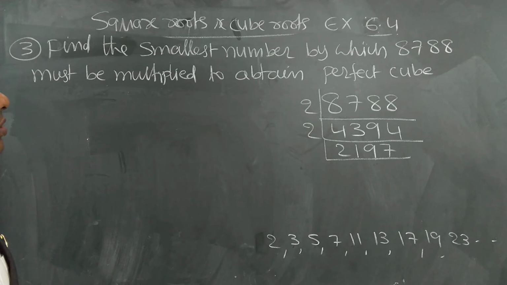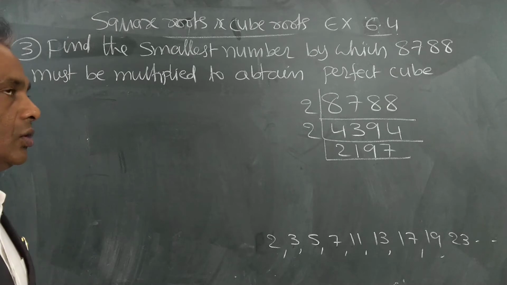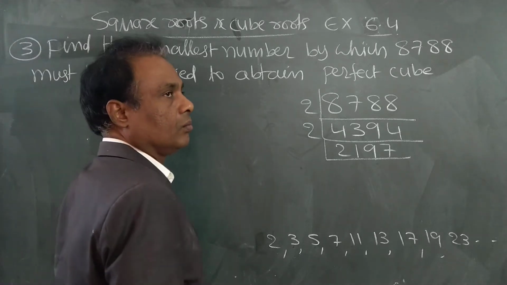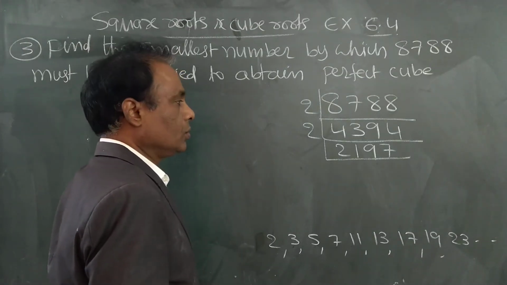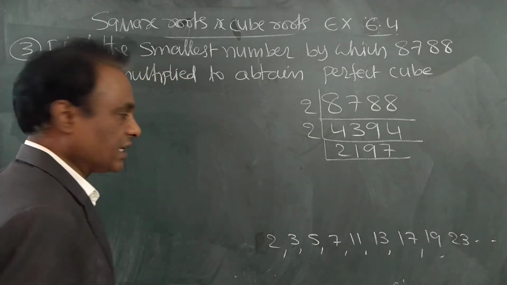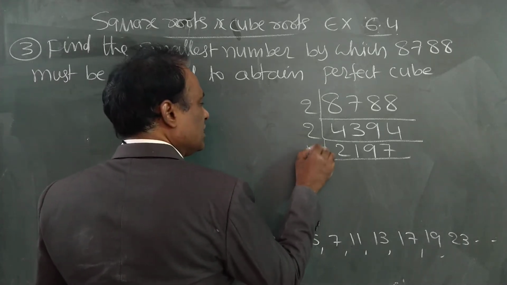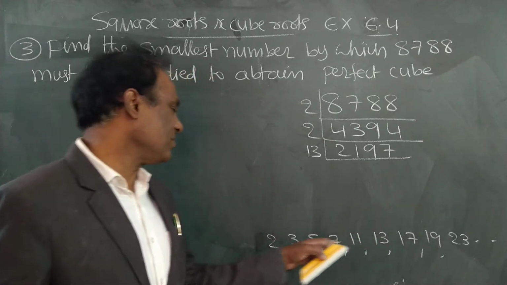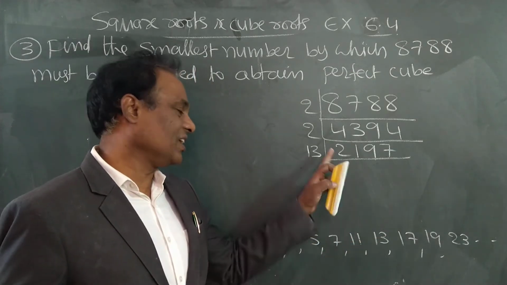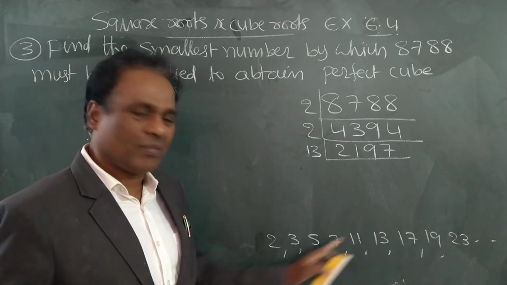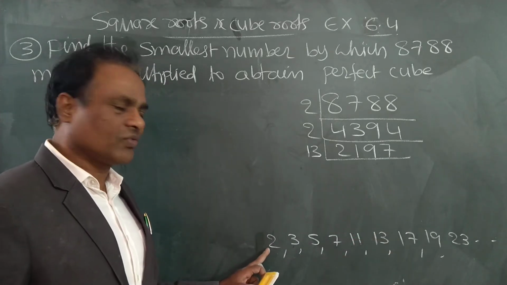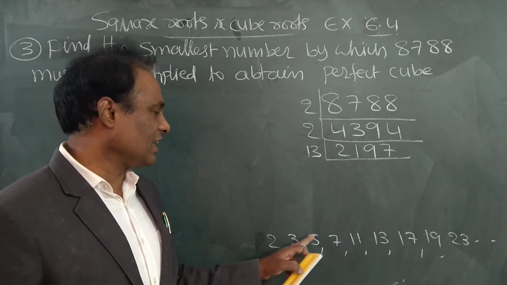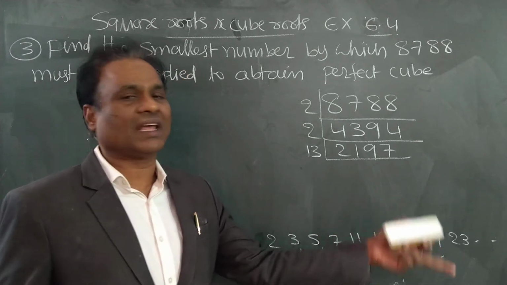78, 117, correct. See, the earlier numbers are not valid, it is not divisible by these numbers. So with prime numbers, if it is not divisible by 2, then try with 3, then with 5, then with 7, like that.